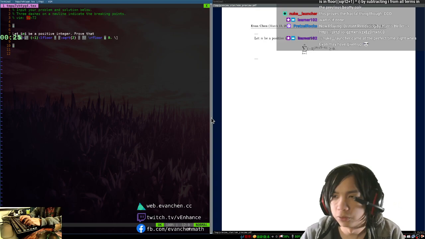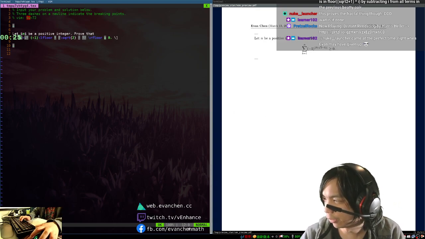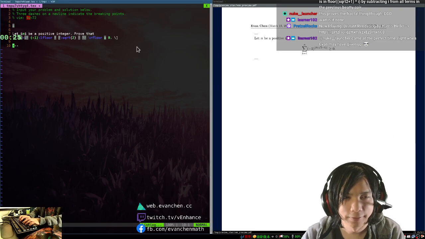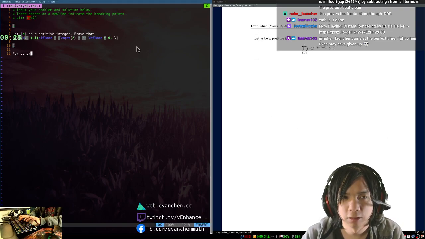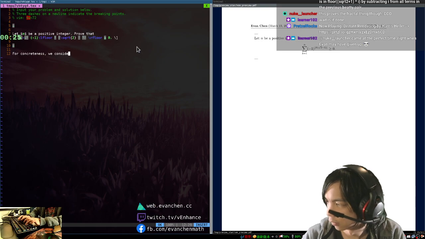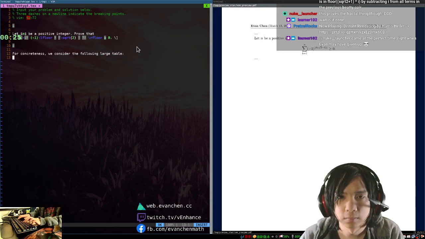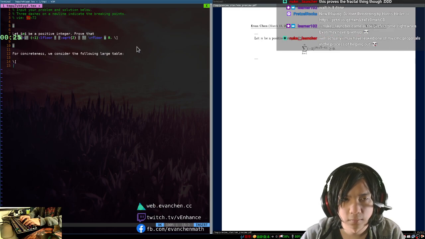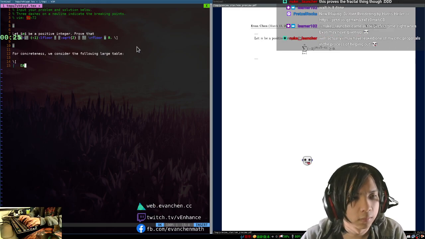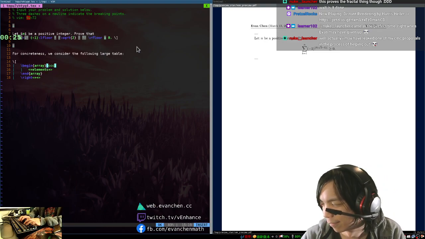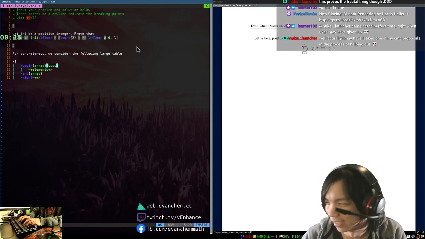Alright, so for concreteness, we illustrate several terms. I think I'm going to have to look at this table so many times.